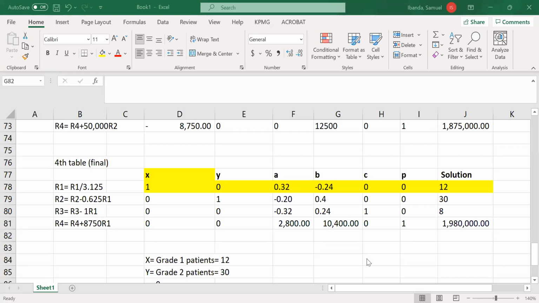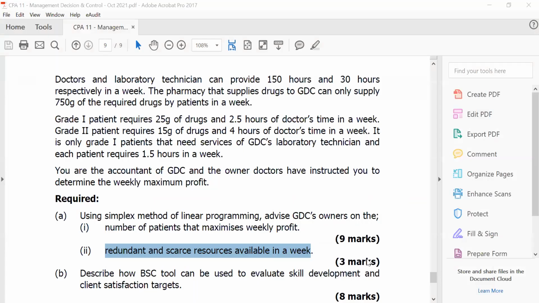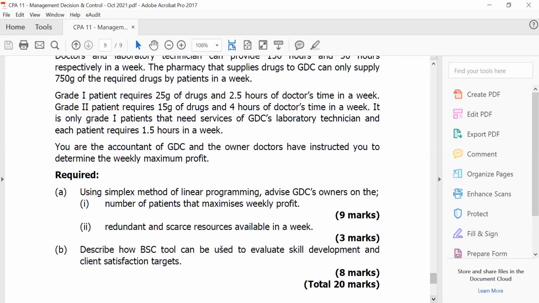So the other part of the question was asking us about the balanced scorecard. The balanced scorecard is one of the components within the last topic, that is cost management and strategic management.